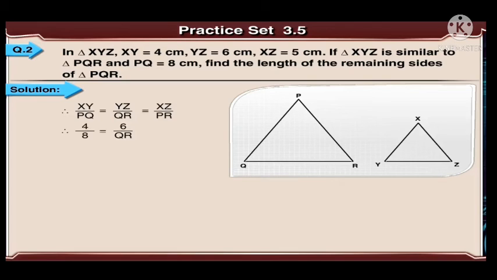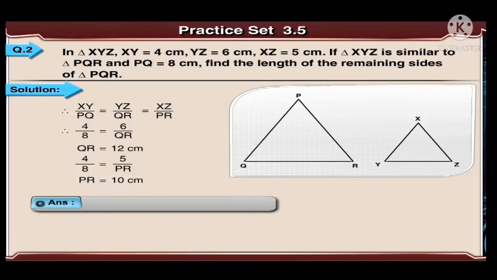That is, 4 upon 8 is equal to 6 upon QR. Hence, QR is equal to 12 centimeter, that means 6 into 8 upon 4. 4 upon 8 is equal to 5 upon PR. PR is equal to 8 into 5 upon 4, so PR is equal to 10 centimeter. Answer: QR is equal to 12 centimeter and PR is equal to 10 centimeter.